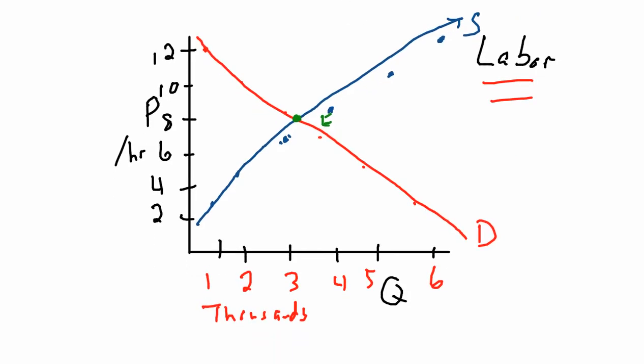Notice as the price per hour comes down, there's less supply, but the demand goes up. Okay, that's normal. If you could pay someone $2 an hour, you would love to hire them, but there's not many people who would like to work for $2.